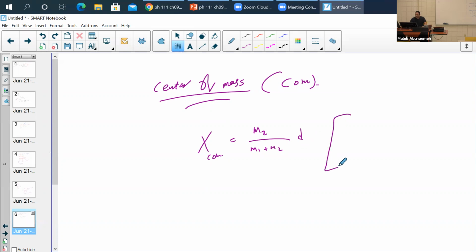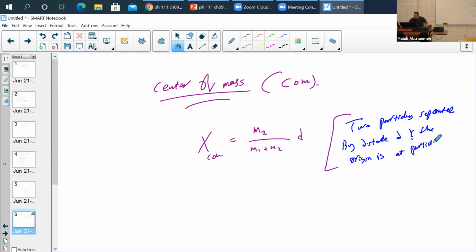Now this one is for two particles separated by distance d, and the origin is at particle 1.